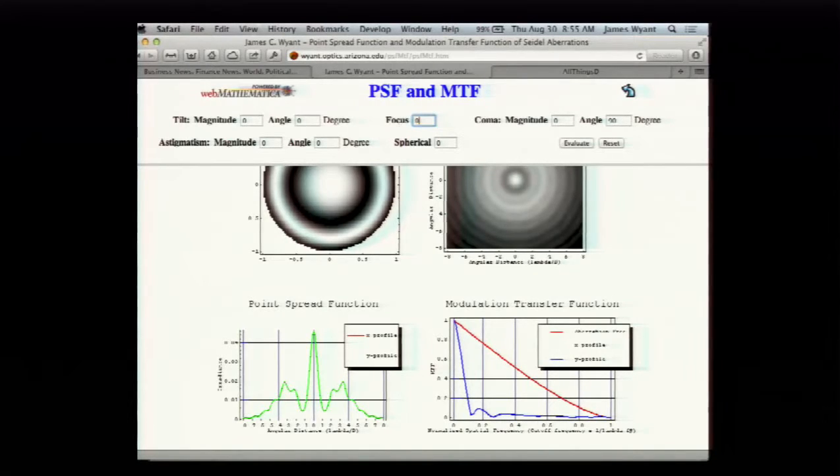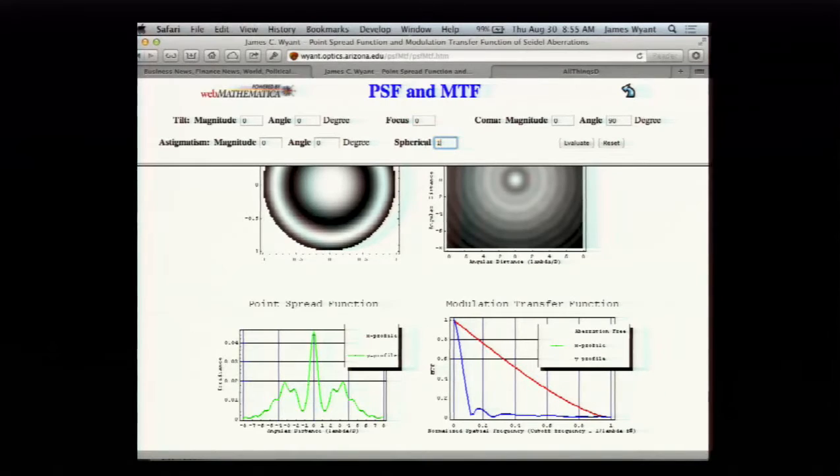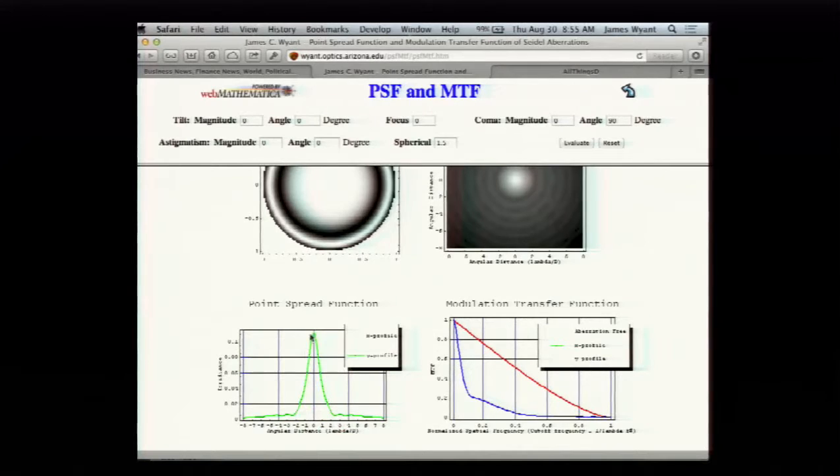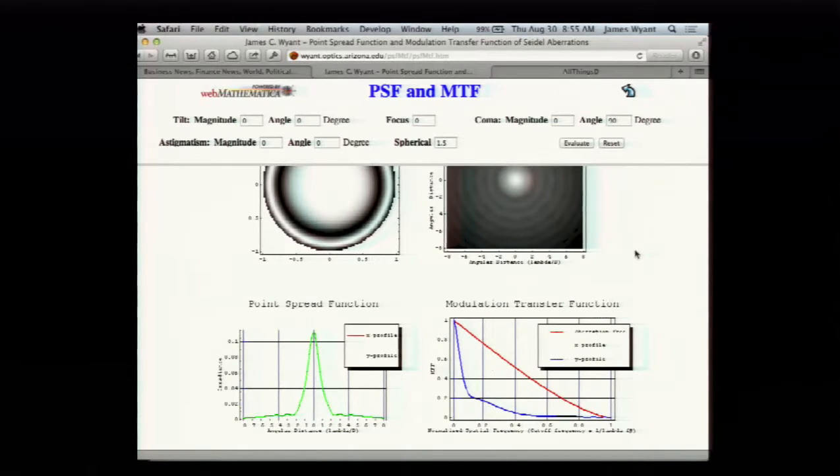I'll put in 0 defocus, and I'll put in 1.5 waves of spherical. Kind of a blur here, and that's a little over 0.1, what the point spread function looks like. Now let's put in minus 1.5 waves of focus.